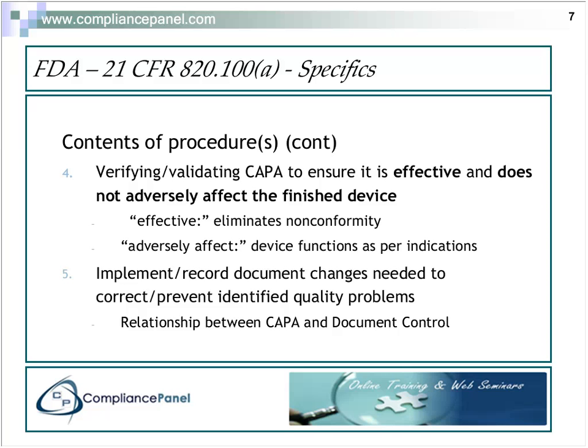If it's effective, it eliminates the nonconformance. Pretty straightforward there. When it comes to adversely affecting your finished device, your responsibility is to make sure that having implemented this new action, this new design or new process, the device that is affected, or devices, because it could be preventive action, still continue to function as per their indications.